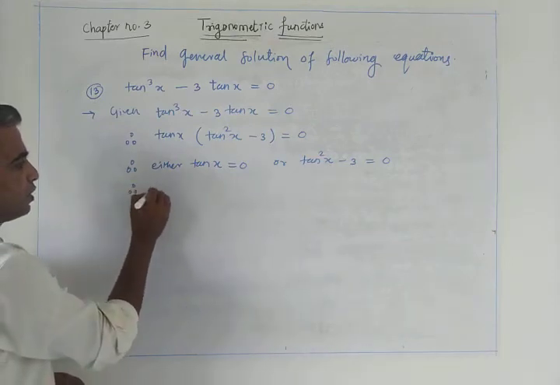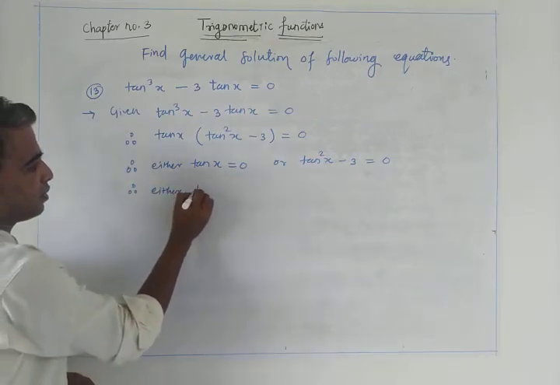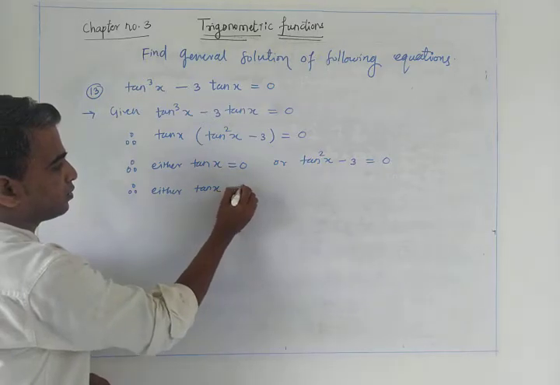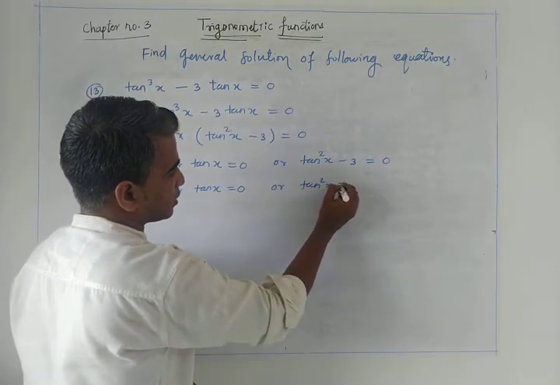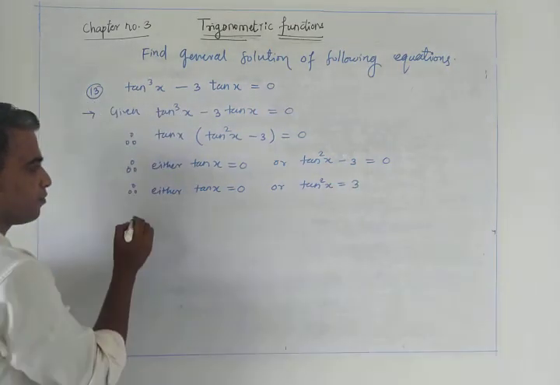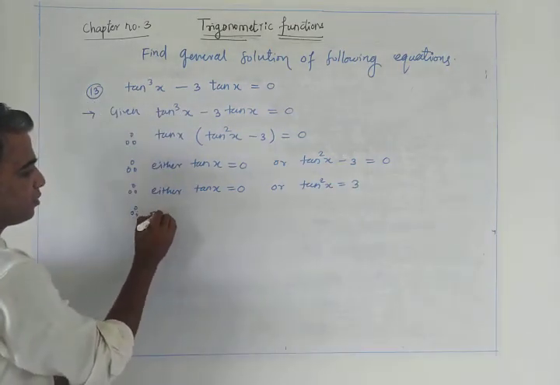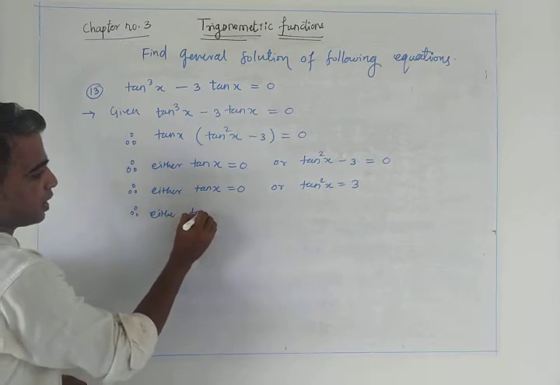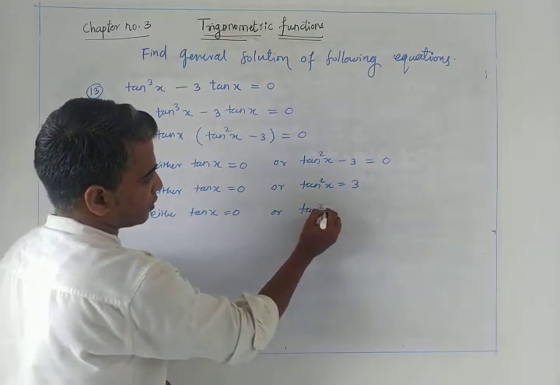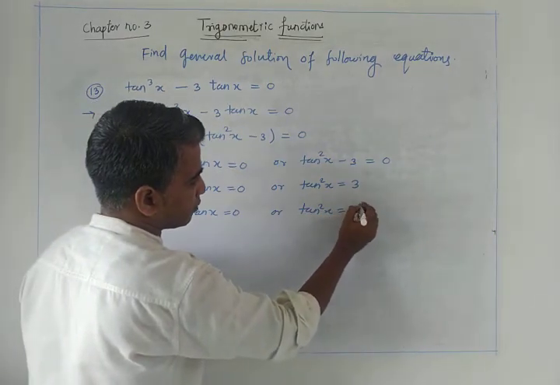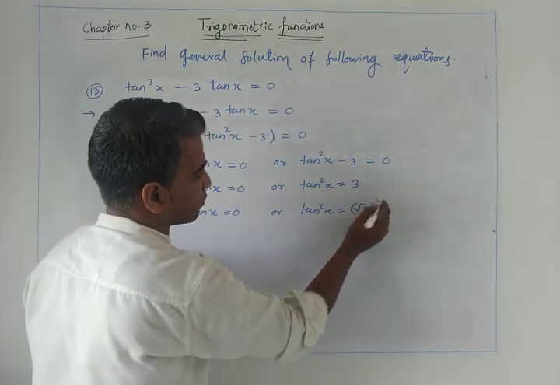So therefore either tan x is equal to 0 or tan square x is equal to 3. So therefore tan x is equal to 0 or tan square x is equal to root 3 square.